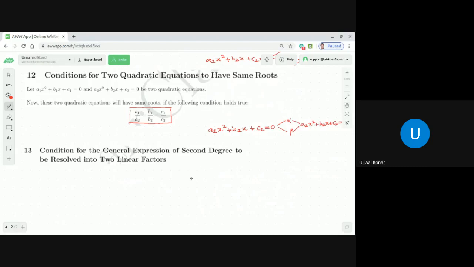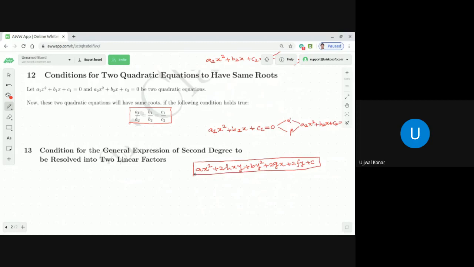So dear students, what is the general expression of second degree in two variables? It is generally denoted as ax² + 2hxy + by² + 2gx + 2fy + c = 0. This is a general expression, so I should not use that 0; 0 is not required. So this is a general expression of second degree in two variables.